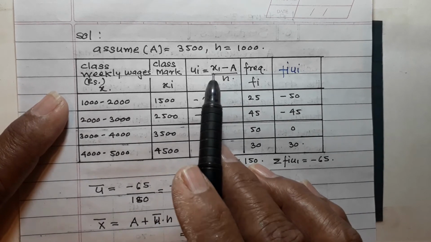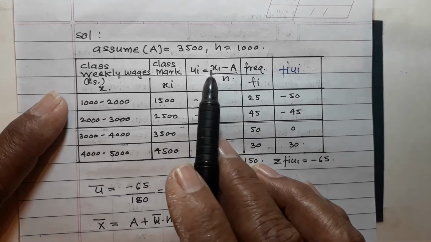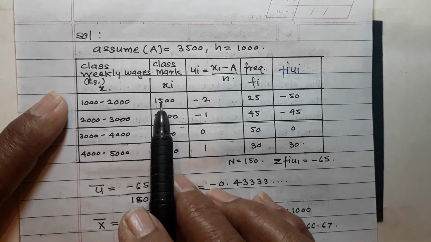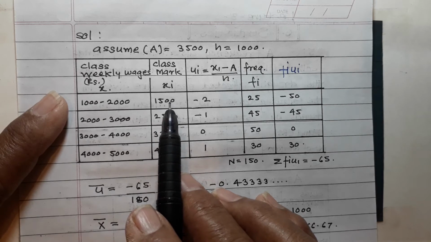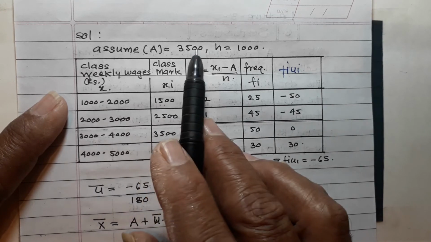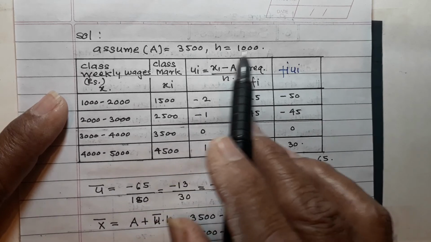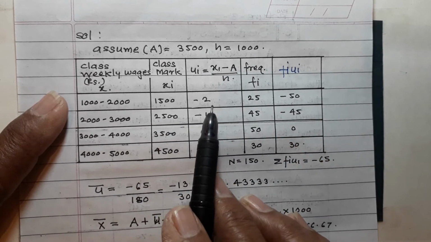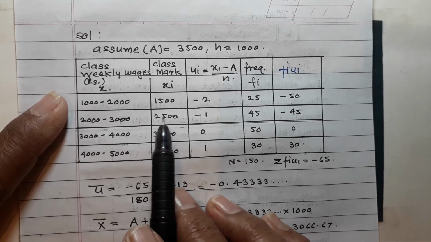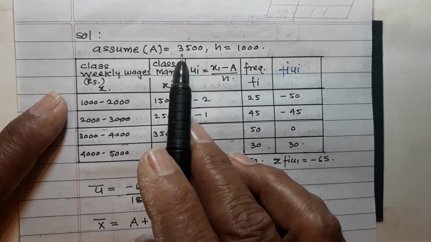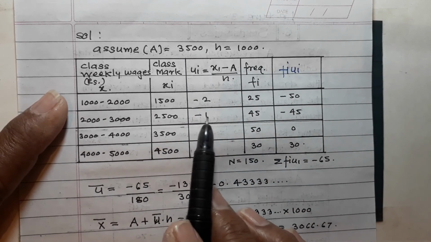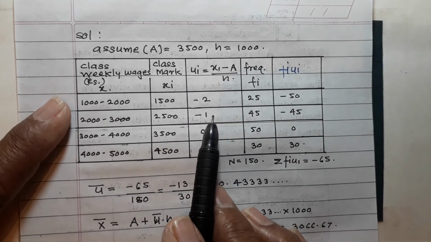Then find ui. ui is equal to xi minus a upon h. So 1500 minus 3500 upon 1000 gives you minus 2. 2500 minus 3500 upon 1000 is equal to minus 1.